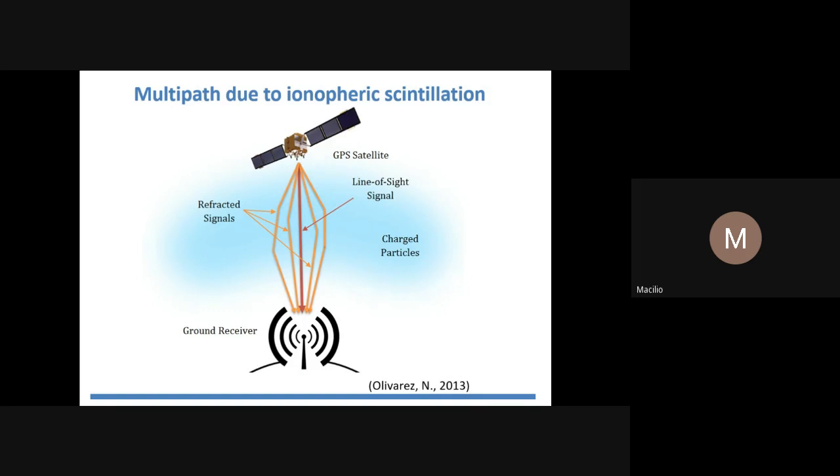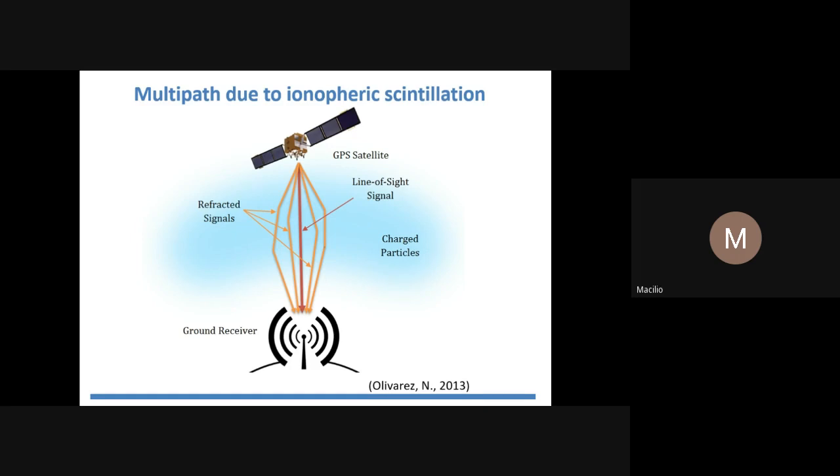This slide shows the multipath due to the scintillation. In fact, in this picture we show only the reflected signal, but there is also some portion of the signal that is diffracted. In fact, there are two phenomena, diffraction and refraction.